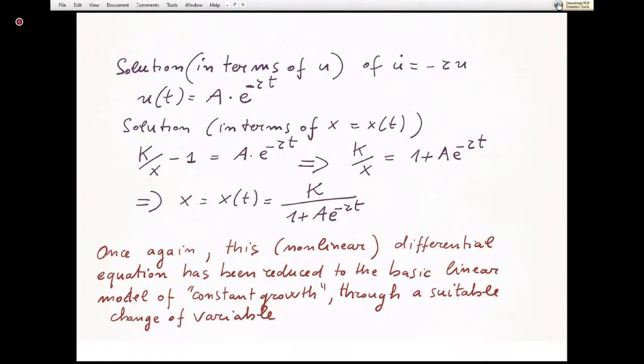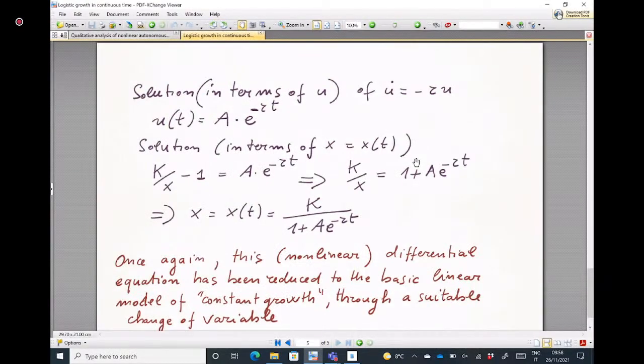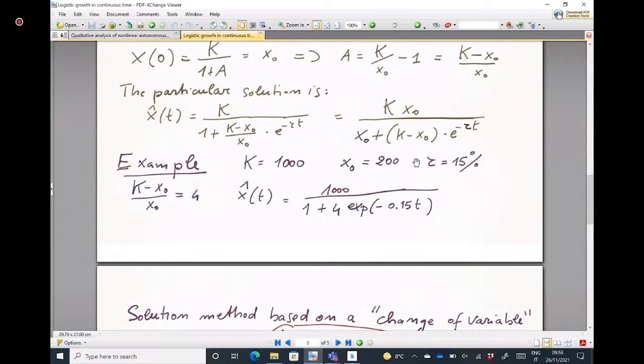So this is basically the logistic model. This is just for your background. There are many ways in which this model is specified. This is the one I like most because it is quite simple to understand.